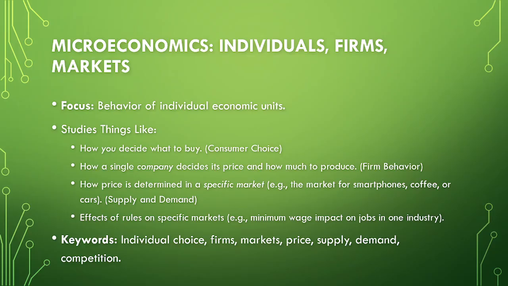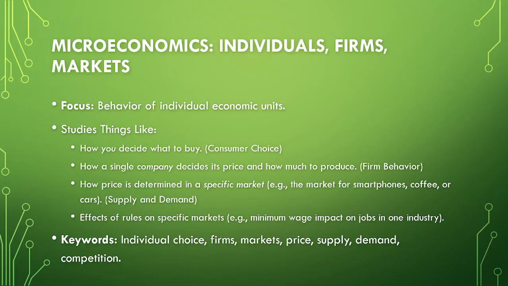It asks questions like how does one specific company, like Pizza Hut in your location, decide its prices? That's firm behavior. Microeconomics asks what happens to the price and availability of your present smartphone if a new model comes out.